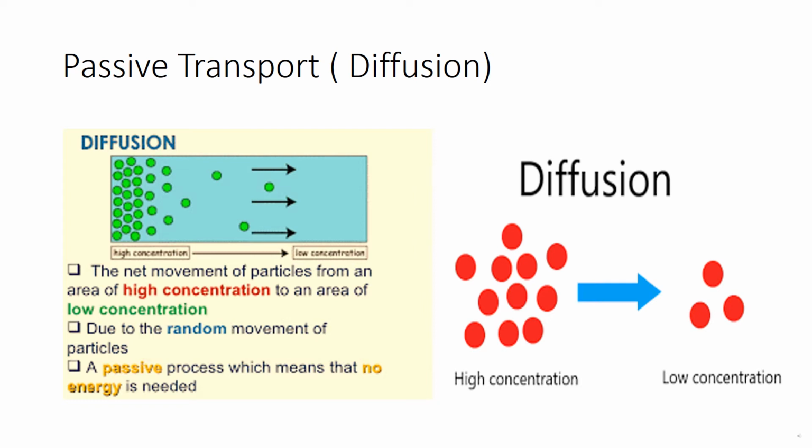The movement of molecules continues until the molecules are equally distributed in the whole area. The movement of molecules across or within the cell membrane occurs due to diffusion.